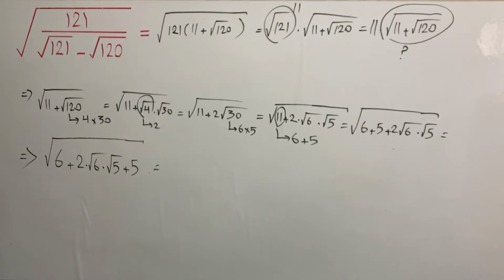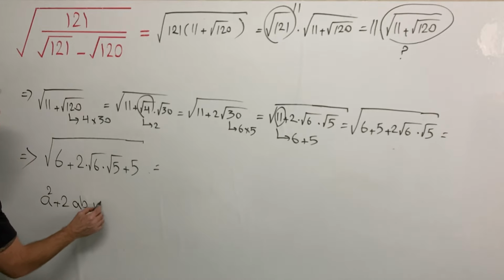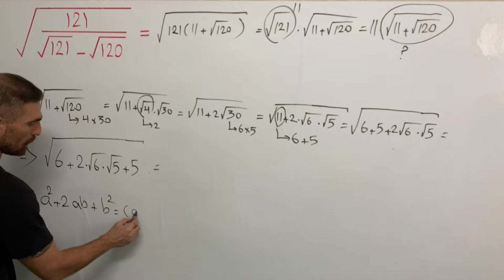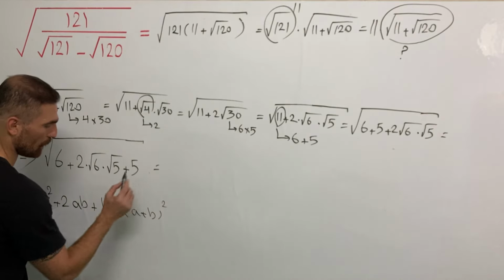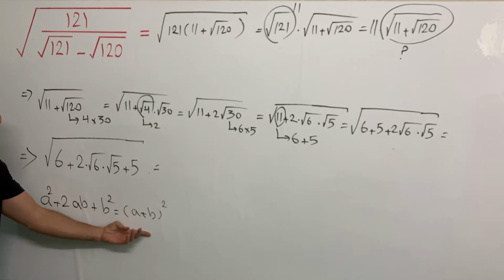Can you guess? Twice the product of the first term and second term. Right, you remember, okay? A squared plus twice the product of the first term and second term plus the second term squared. What is this? It is (a plus b) squared, the square of the sum of two terms.